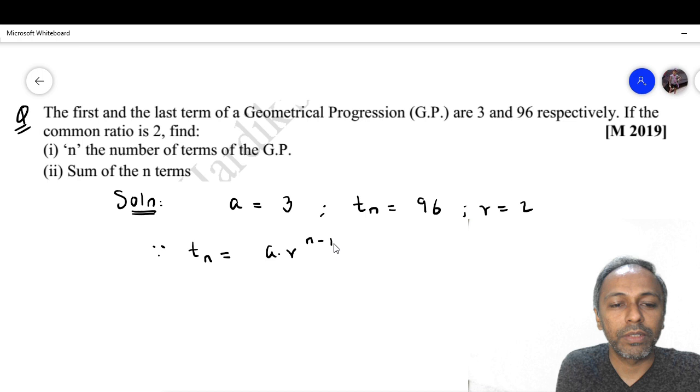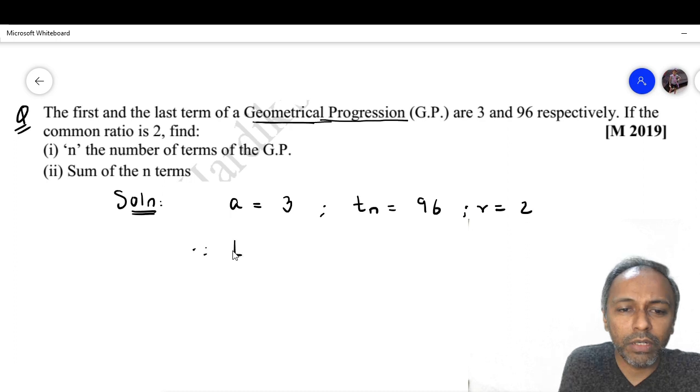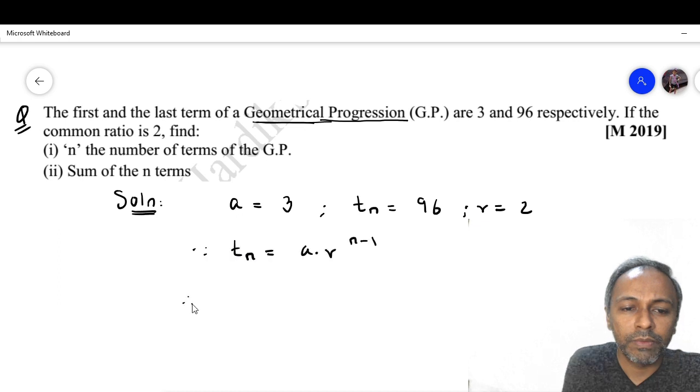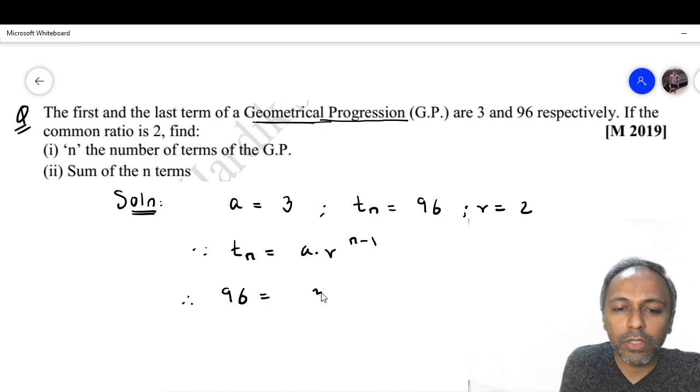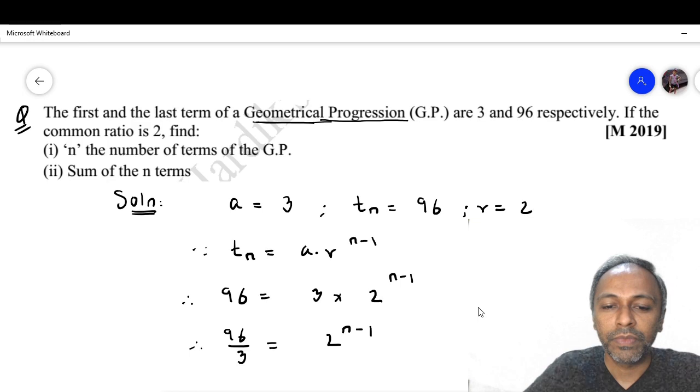So r is equal to 2, and we have been given Tn equal to 96, and because it is clearly stated that the given progression is a geometric one, we can use Tn is equal to a r raised to n minus 1. Therefore 96 is equal to 3 into 2 raised to n minus 1. We can divide by 3 and get 32 is equal to 2 raised to n minus 1.